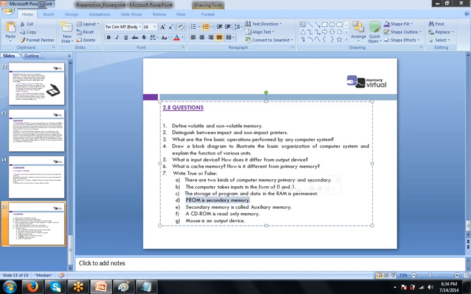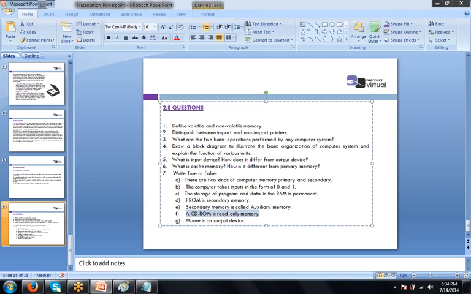PROM is secondary memory. No, this is a category of the ROM. So this is a primary memory. So answer is false. Secondary memory is also known as auxiliary memory. Answer is correct. As I told you, another name of secondary memory is auxiliary memory. A CD-ROM is read-only memory. As the name advises, CD-ROM.